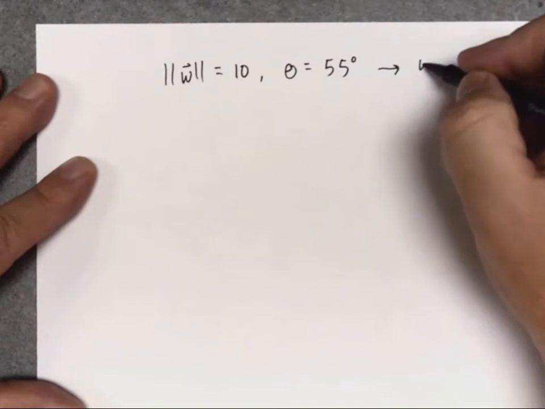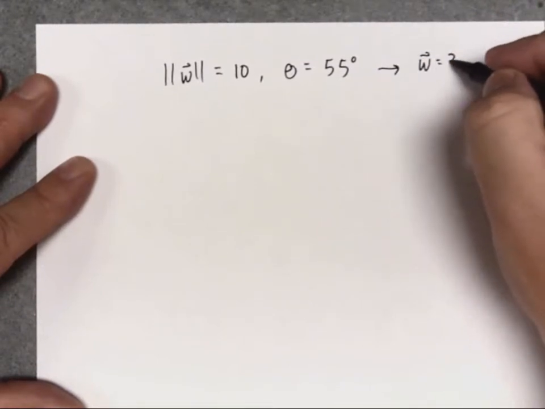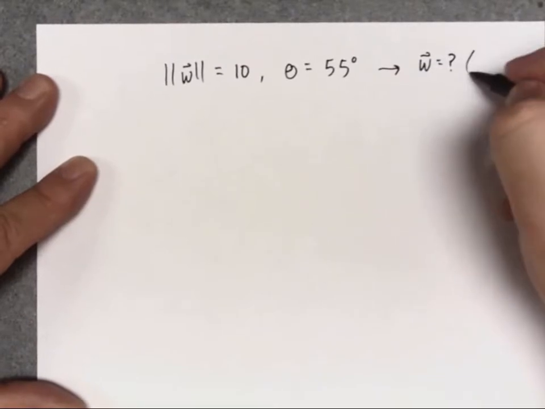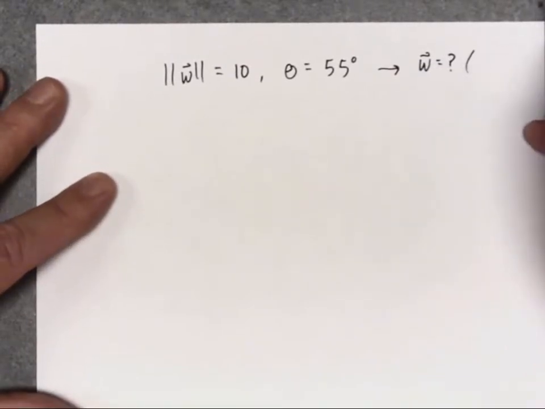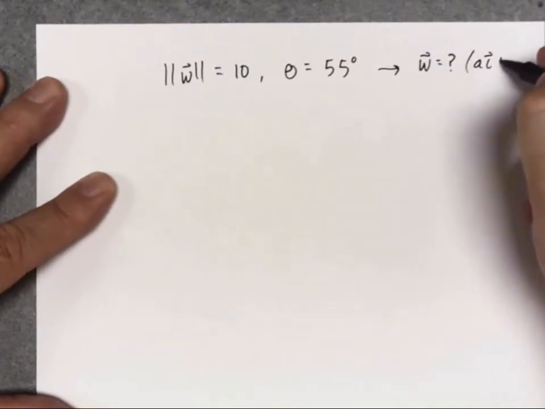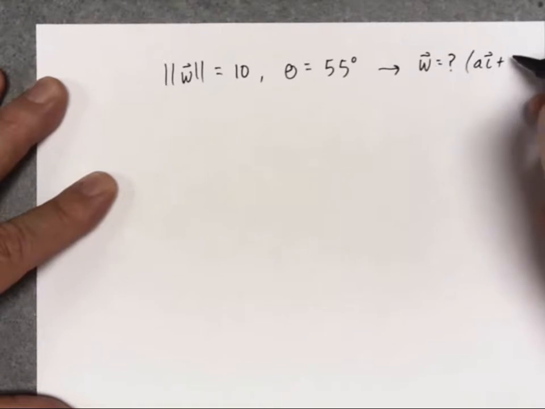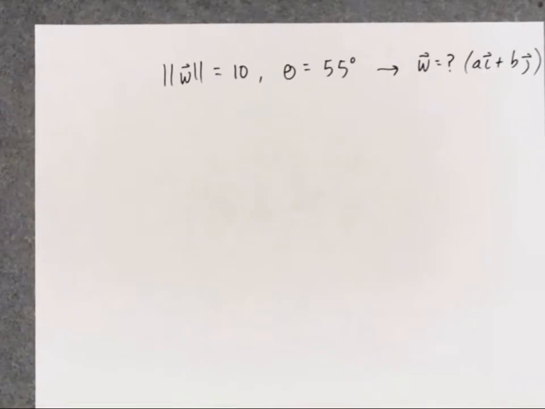Now we're asked, what is vector W, but we want to write it in the form, I'll call it Ai plus Bj, where A and B, of course, are numbers. So basically, we want to write the vector W in the ij form.